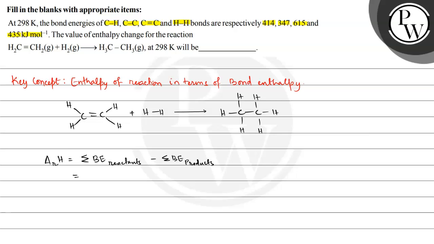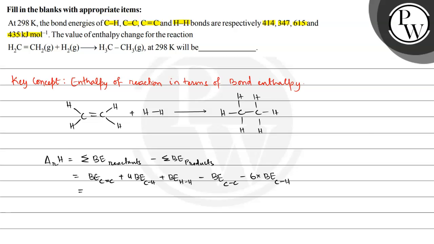So bond enthalpy of C=C plus 4 multiplied by bond enthalpy of C-H plus bond enthalpy of H-H minus, products are C-C and 6 C-H, minus bond enthalpy of C-C minus 6 multiplied by bond enthalpy of C-H.